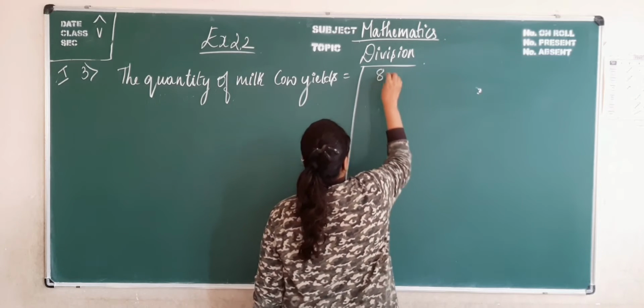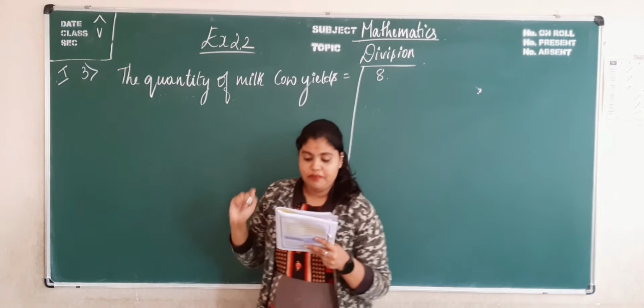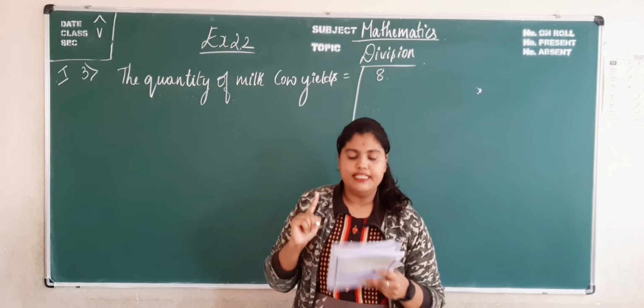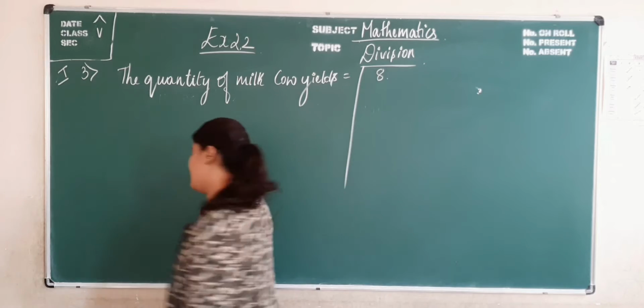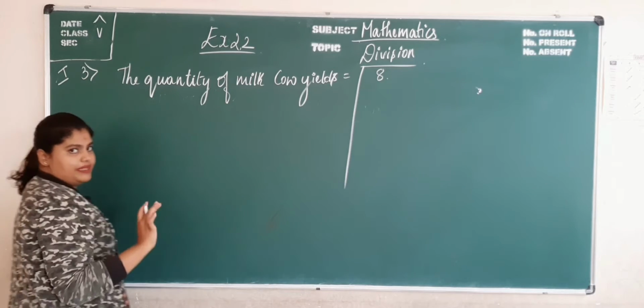So I'll write 8. Next, the selling price of 1 liter milk is 18 rupees. I'll write the statement as it is in the question.